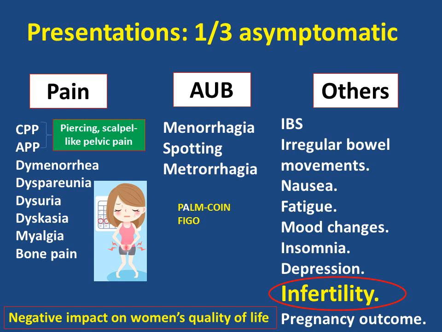Another category of complaints will be abnormal uterine bleeding, and this is seen in the PALM-COEIN FIGO classification, where P is polyp, A is adenomyosis. So it has been put by the FIGO as one of the causes of abnormal uterine bleeding, and the abnormality may be menorrhagia, spotting, metrorrhagia, and you may find a combination of pain and abnormal uterine bleeding together.